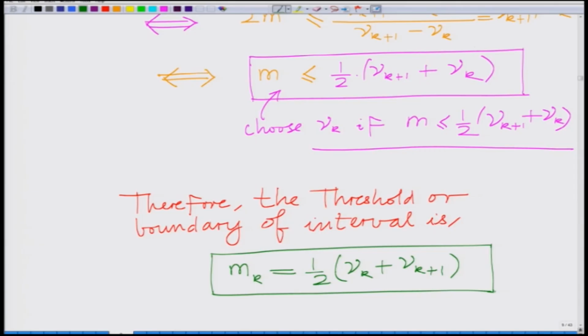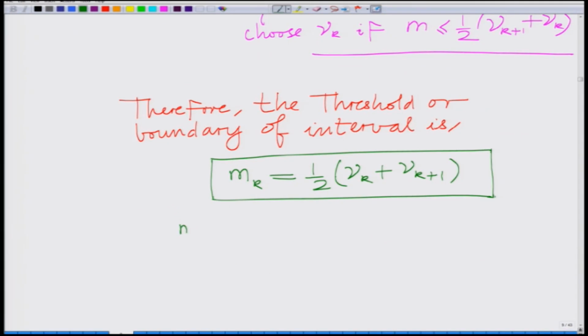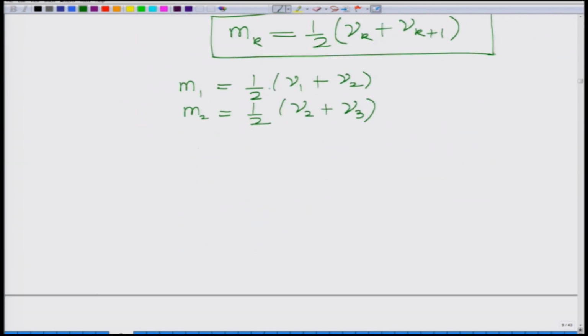For instance, m1 equals half of nu 1 plus nu 2, m2 equals half of nu 2 plus nu 3, so on and so forth, m l minus 1 equals half of nu l minus 1 plus nu l.